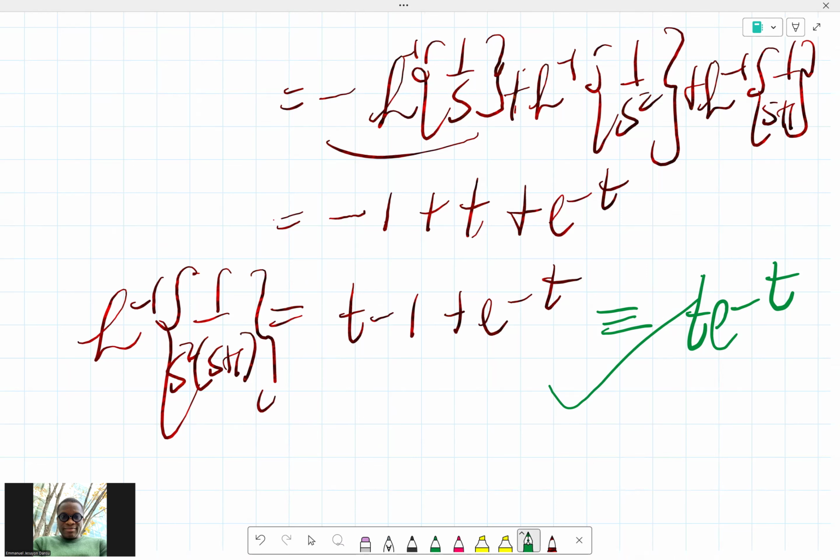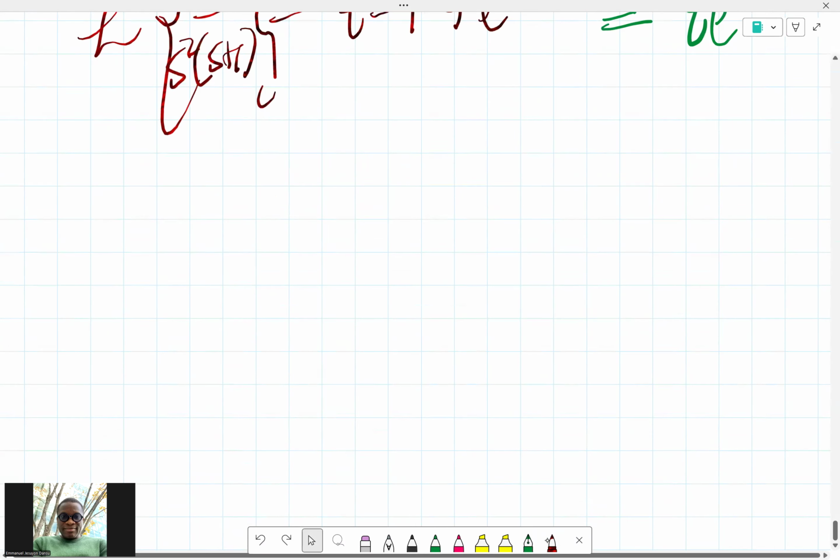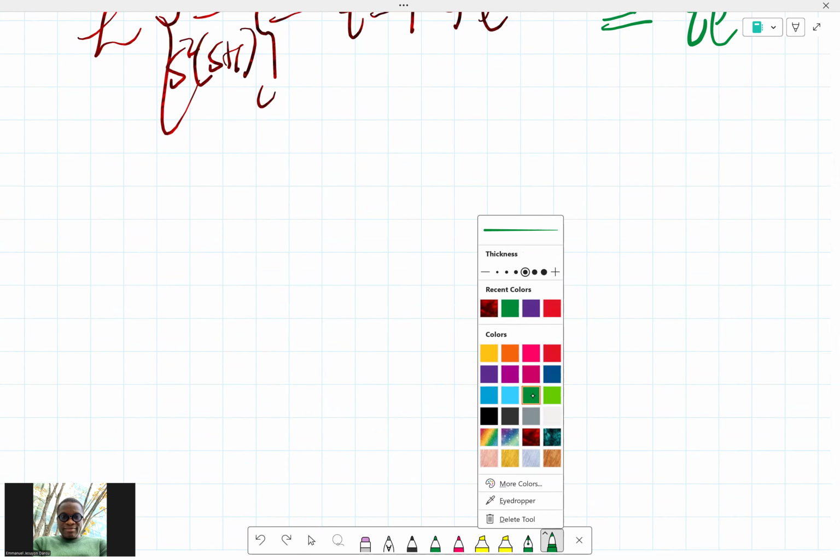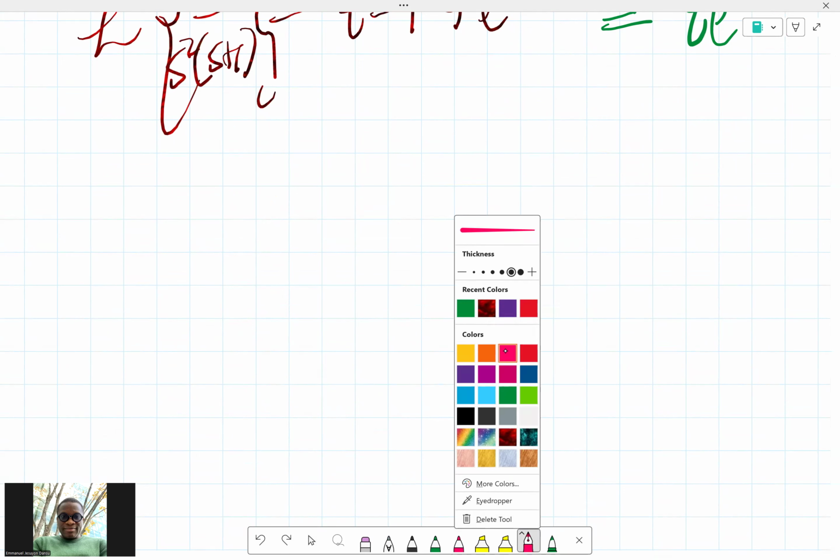Now, if you don't do it this way, right? Another way is another approach. Let me switch over now. Let's go green here and then say this now.